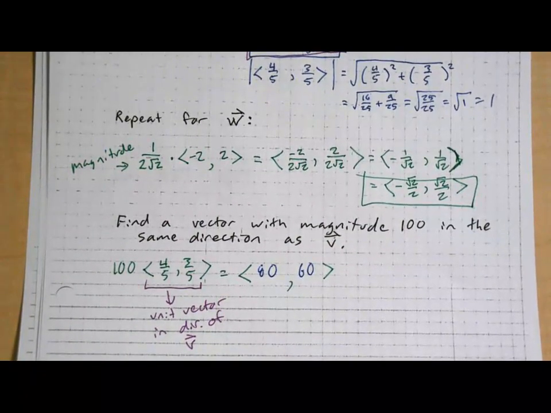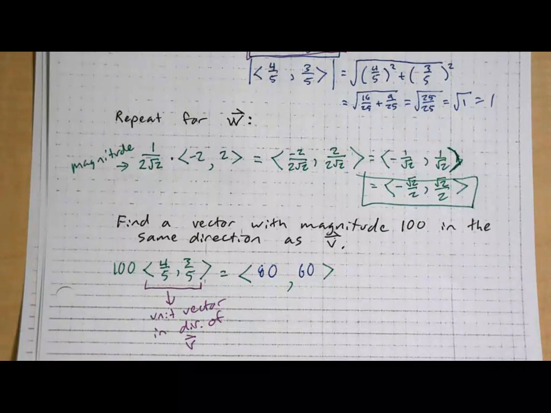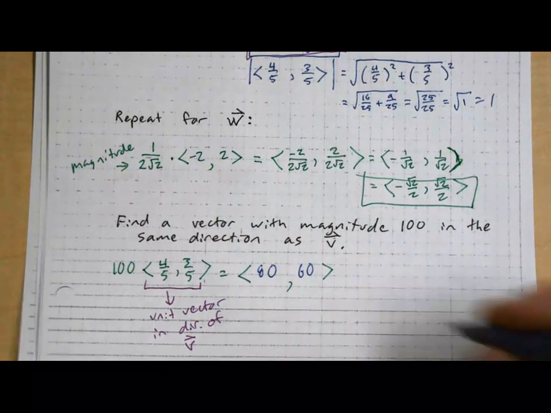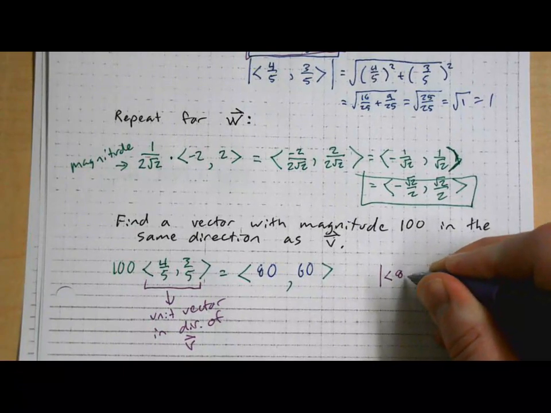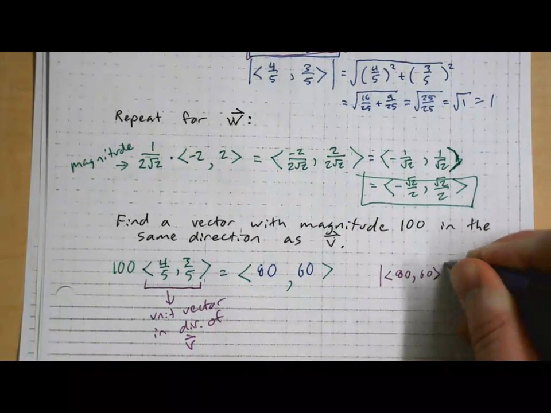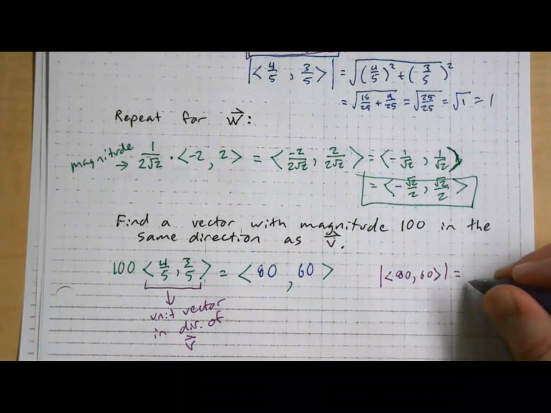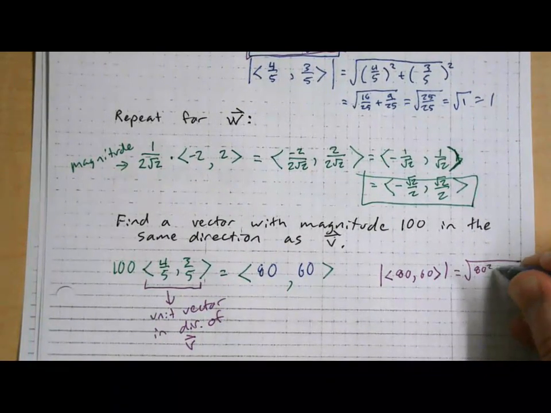And are we fairly confident that 80, 60 would have a magnitude of 100? Probably. But if we wanted to be sure, we could just do a little bit of work. Magnitude of 80, 60 would be the square root of 80 squared plus 60 squared.